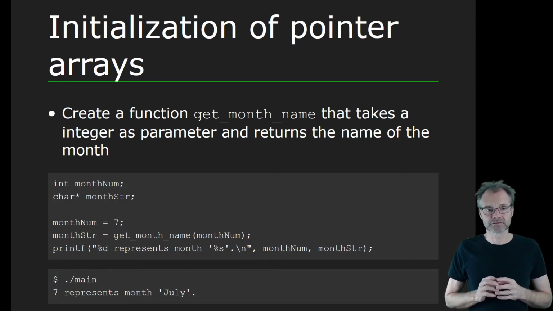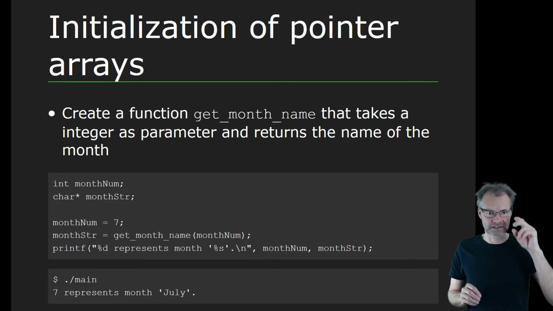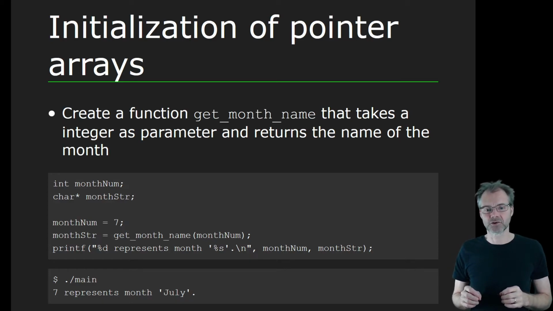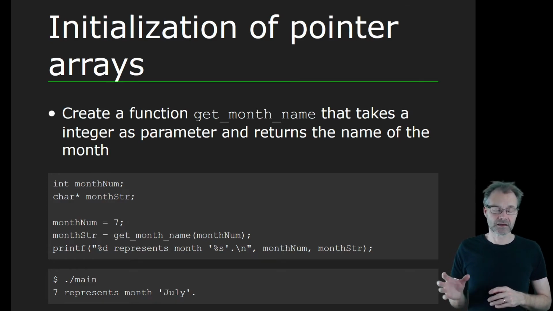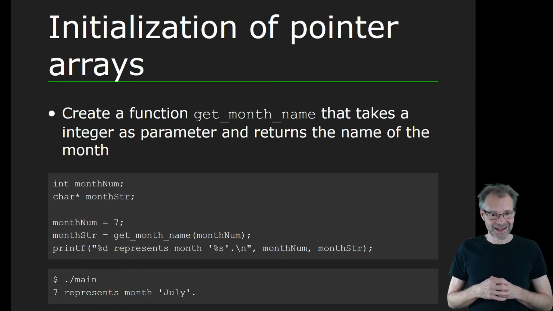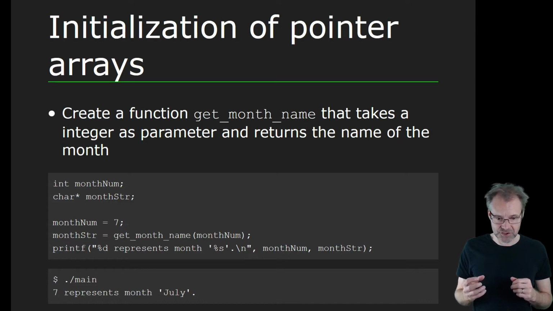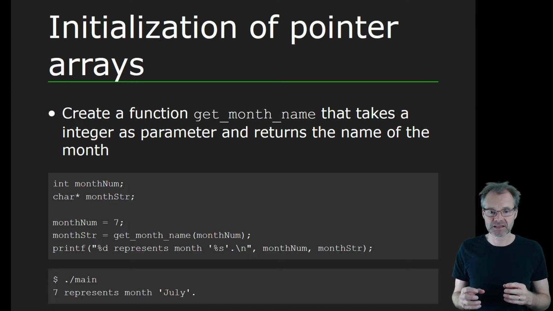We have seen initialization of a pointer array, but I have another example of it. I'm going to create a function called getMonthName. It takes an integer as a parameter, and it's going to return the name of the month. When I create this function, I'm going to store all the names of the months as strings in a character pointer array.